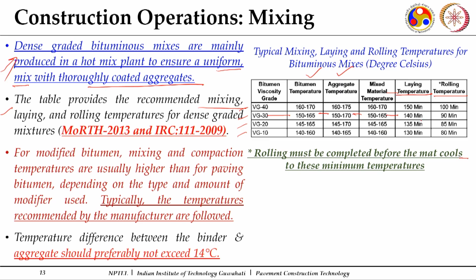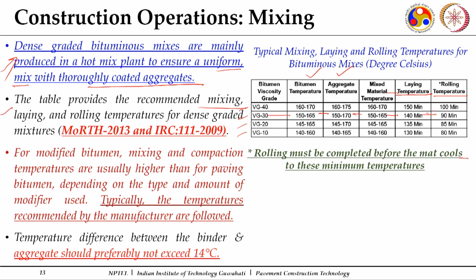So, it says the temperature should not go below 140 degrees centigrade by then. So, you have a window of around 10 to 15 degrees centigrade. You have to take measures so that when the mix is transported to the field, the temperature does not fall very much. We can cover the mixes on the tippers while transporting them.